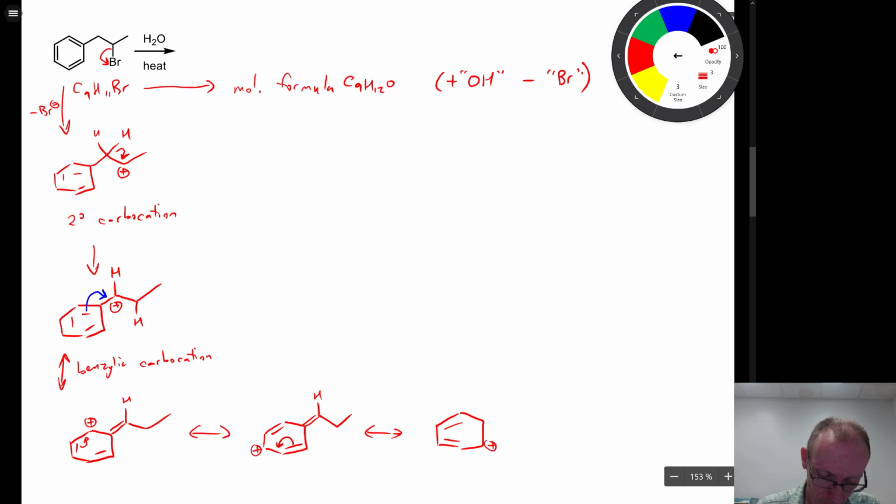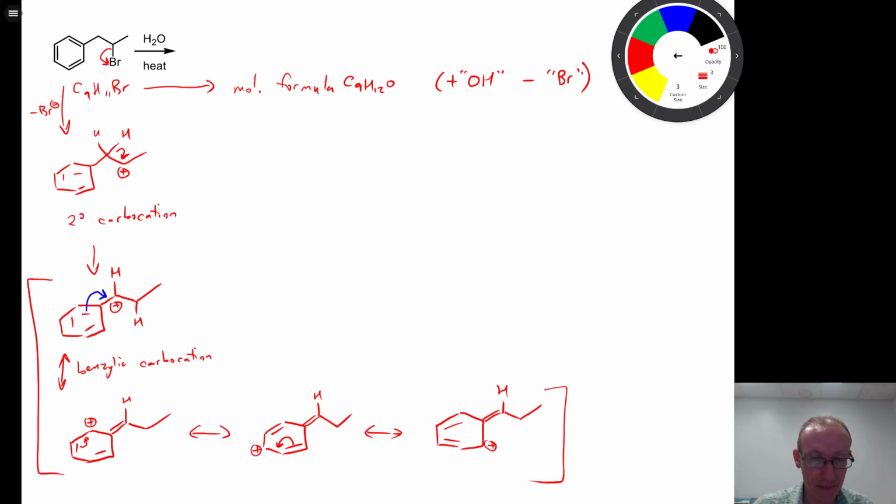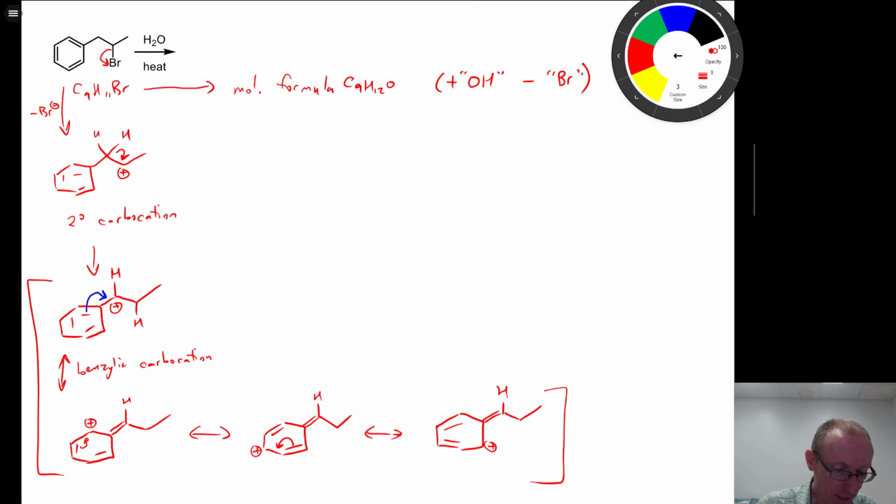And we end up with our fourth resonance form. So all of these contribute to the overall structure of this benzylic carbocation, and they stabilize it, and that's why it's so much more stable than the original carbocation, even though they're both secondary. So this is still a secondary carbocation.